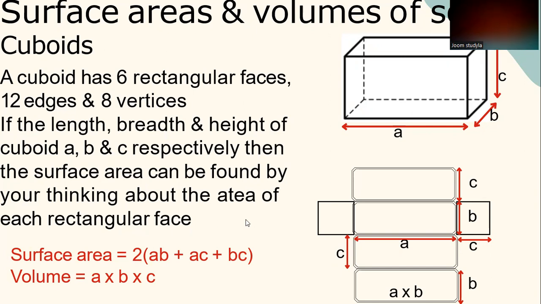So the formula for the surface area of the cuboid is 2 open bracket AB plus AC plus BC. To calculate the volume of the cuboid, it is A times B times C. Please remember the formula.